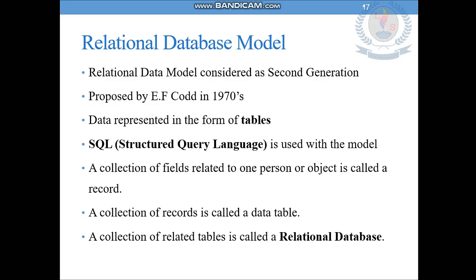This is the most popular database management system in the market. Examples of relational database management systems include MySQL, Oracle, and Microsoft SQL Server databases. So we can say simply a collection of related tables is called a relational database.